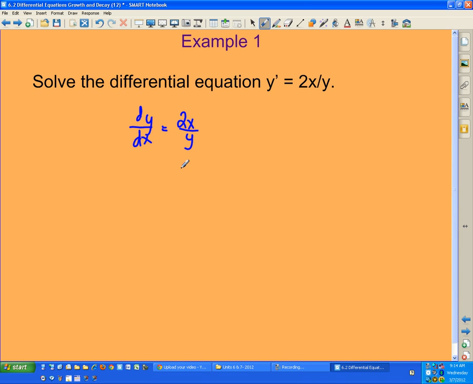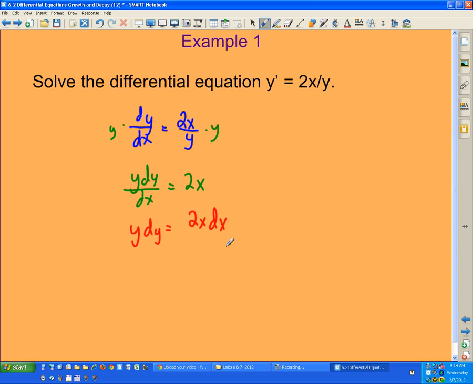I could multiply both sides by y to remove the y from the denominator, and I have y dy over dx equals 2x. Then if I multiply by dx on both sides, I would get y dy equals 2x dx.